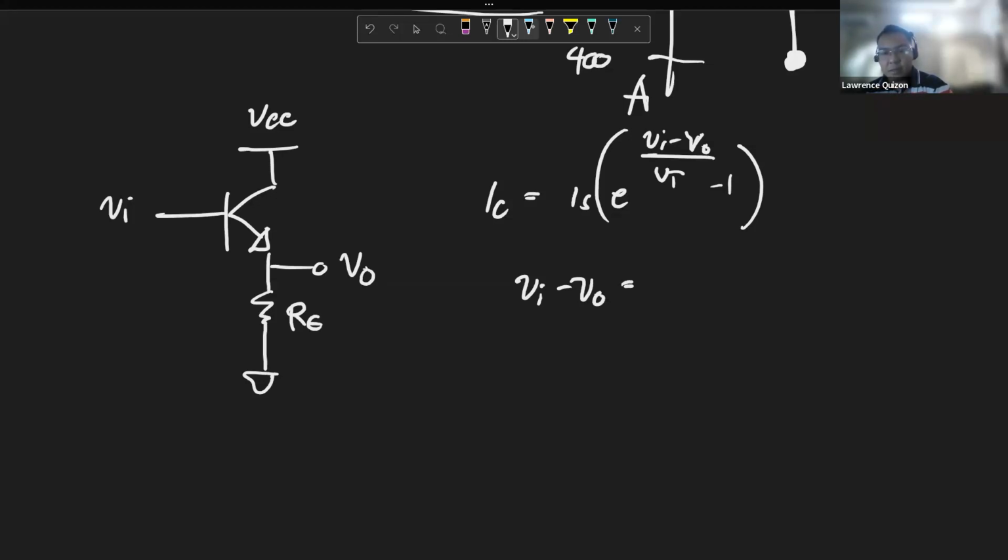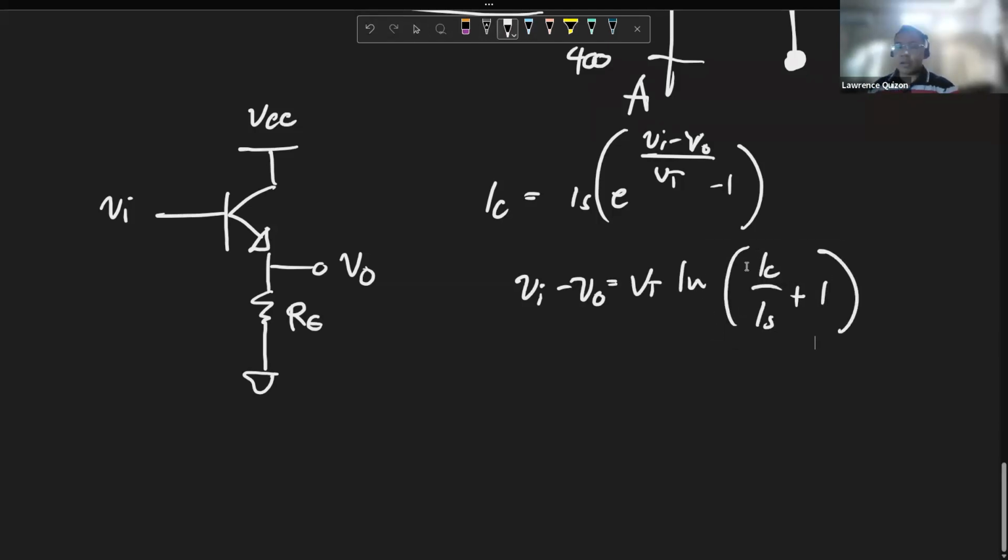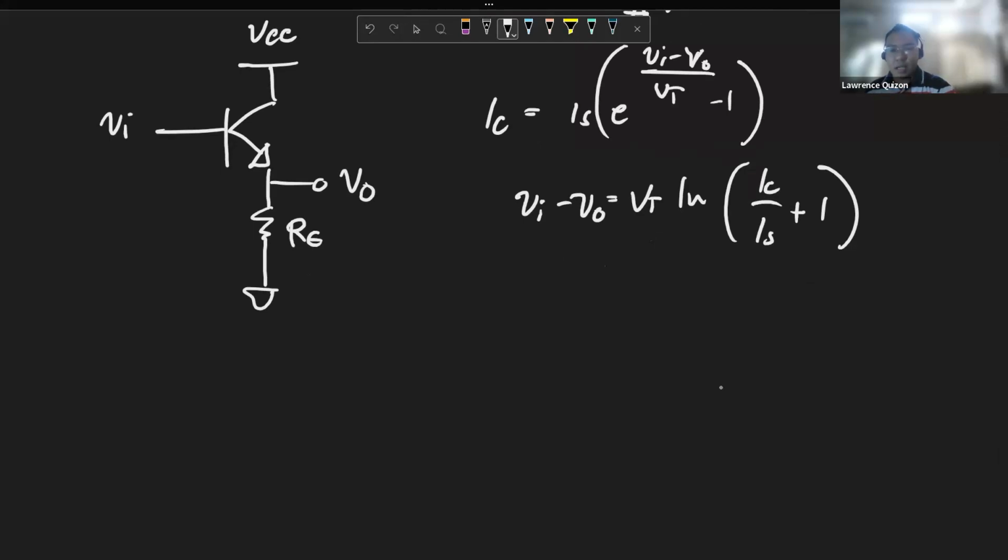So we have VT ln IC over IS plus 1 equals V out minus V in, no? But we can also flip this around, so we will have an equation relating V out and V in, no?